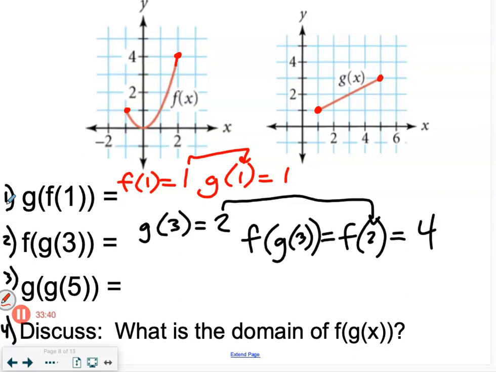All right. G of 5. If you did not get this one or this one, I want you to take 10 seconds. I'm not even going to turn off the recorder, and mentally see if you can figure out g of 5. All right, everyone hold up your fingers with what the answer is.